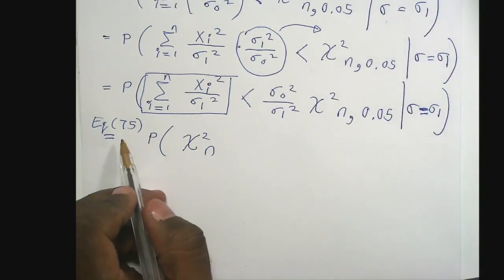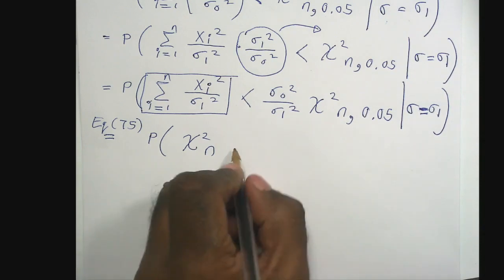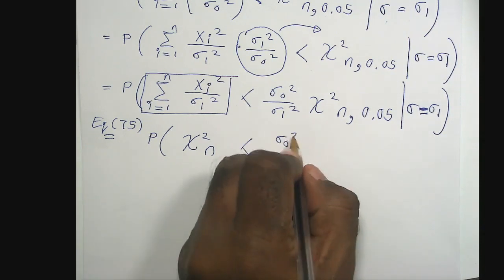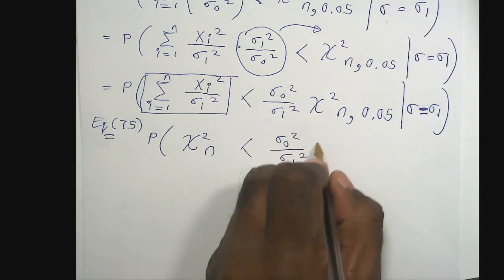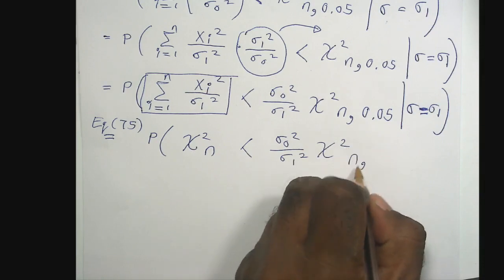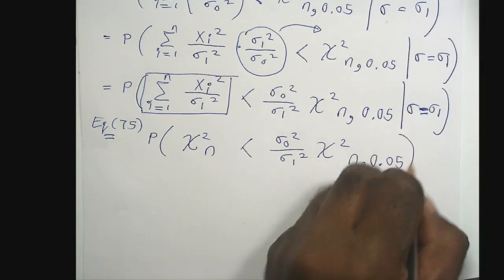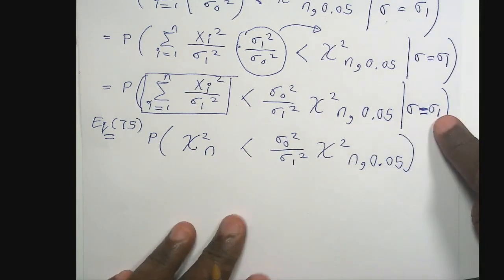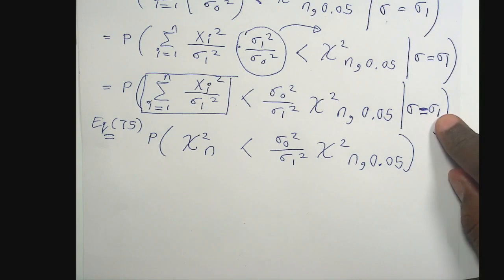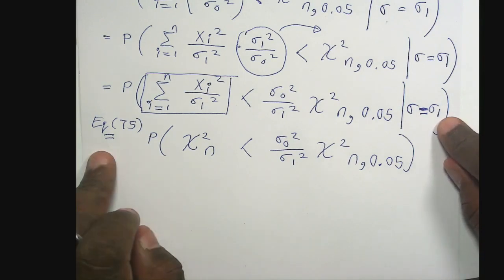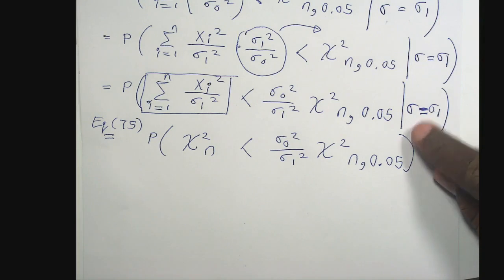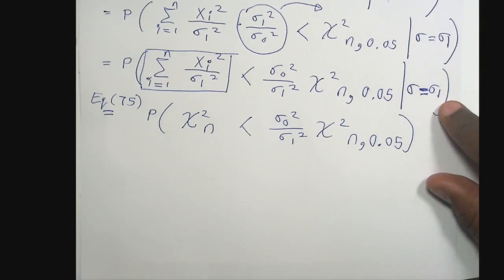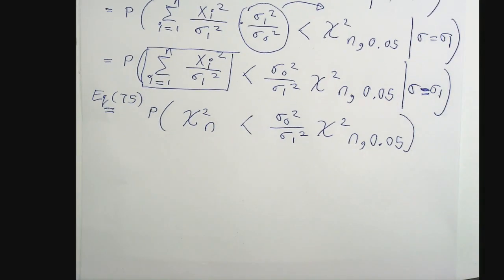So this becomes, so we don't need the conditioning anymore because we have used this conditioning in this step, right? Conditional on the true sigma being equal to sigma 1, this has the chi-squared with n degrees of freedom. That's it. So that completes it.